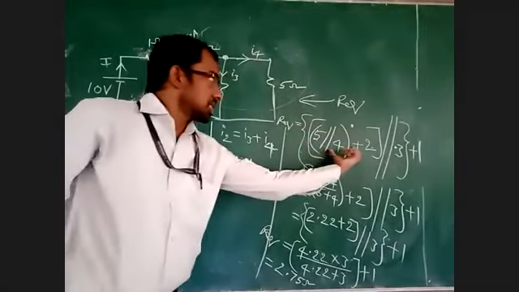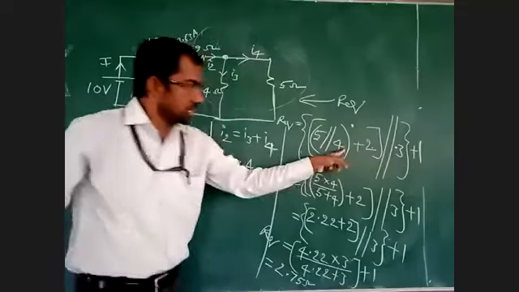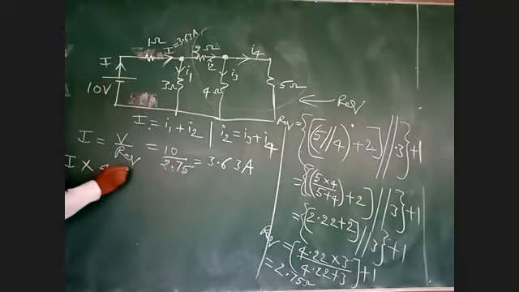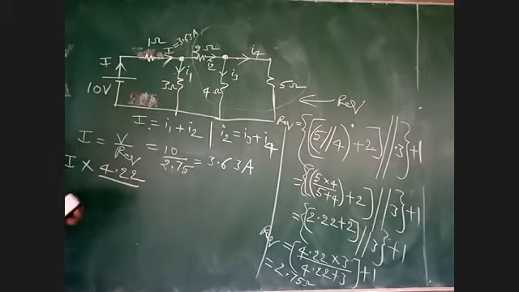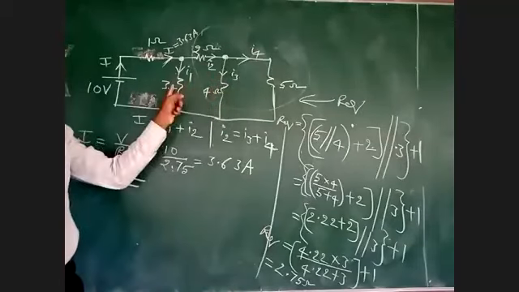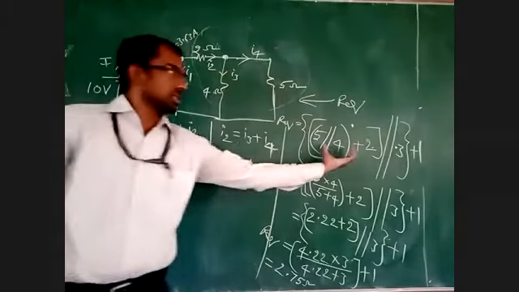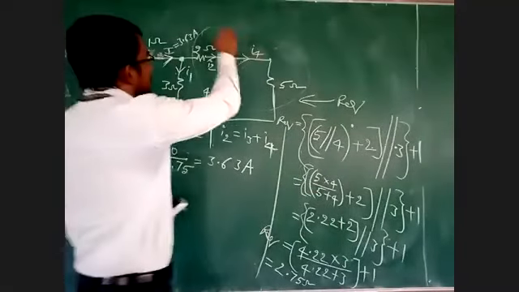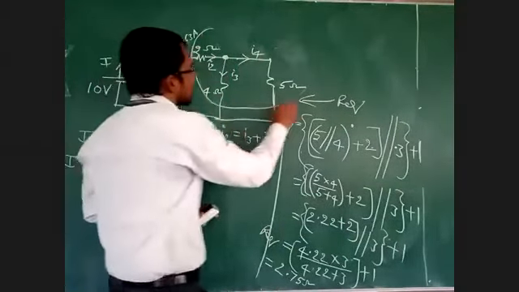Take this entire thing as one resistance, inside the square brackets. Its value is 4.22.